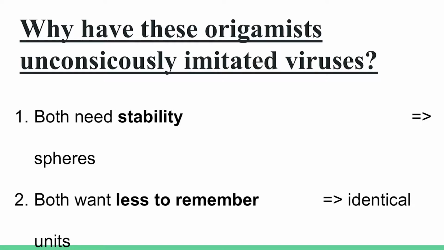But okay, here's point number two. Both of them want less to remember. Now, what do I mean by that? Well, if you're an origamist, you want to have fewer instructions because it's easier to remember. That just feels a little bit nicer. And so it's a quite good strategy to make a nice big model out of one piece. The one piece only has a few instructions, and you get something that looks complicated, right?